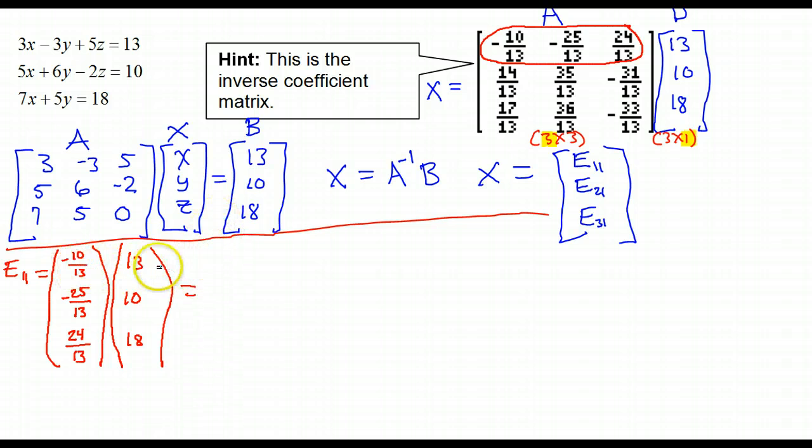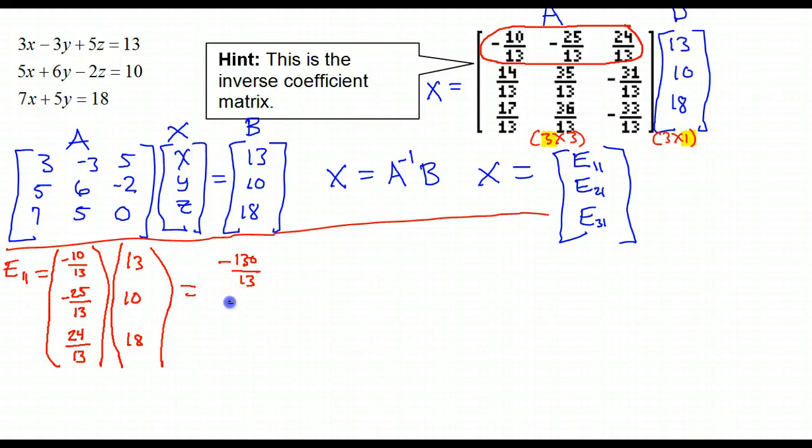So when I multiply this stuff together, remember this 13 is like 13 over 1. So I really am just going to wind up multiplying the 13 times the 10. See, 13 times 10 is 130, so it's negative 130 over 13. Oh look, another 10.